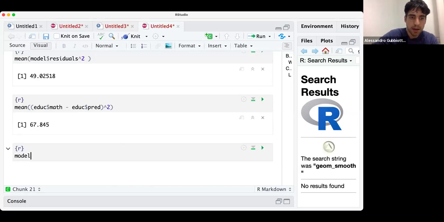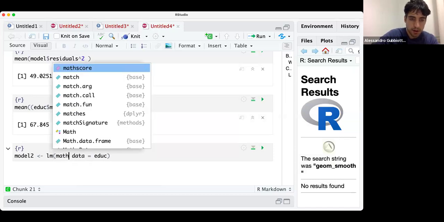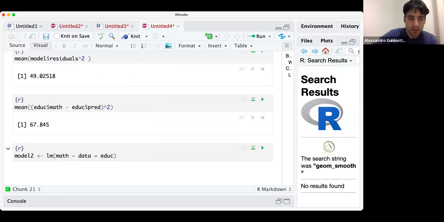So model, the simpler model, let's say model 1, model 2. We take a linear model and we predict with the variable educ, we predict the math score using a constant 1, so without using the reading score.